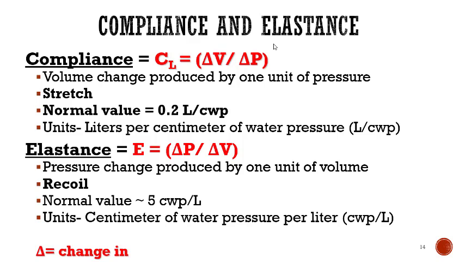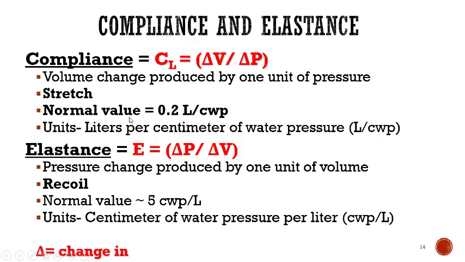If you're not math minded, which I personally am not, that can be a confusing concept. Try not to let it throw you, just stick to the definitions. Normal value for compliance is 0.2 liters per centimeter of water pressure.